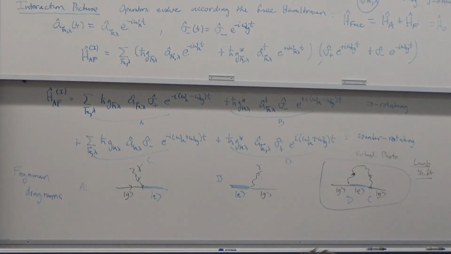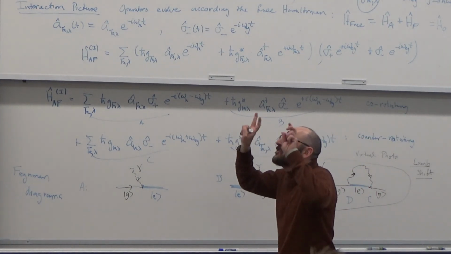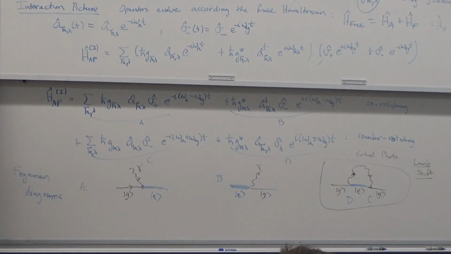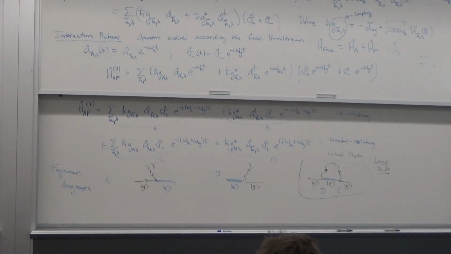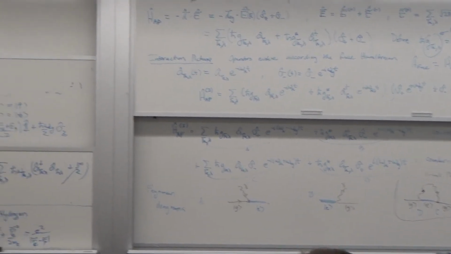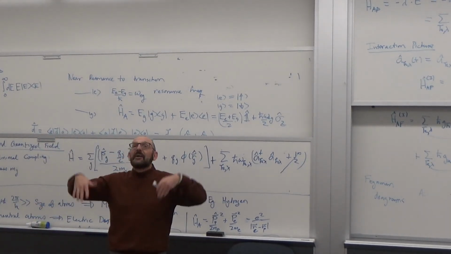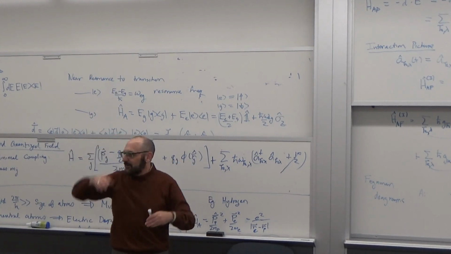And what we do then is just absorb all these counter-rotating terms into a renormalization of what we call the ground energy and excited energy. That is to say, when you study fine structure in the hydrogen atom, we do it first in the non-relativistic approximation. We get the Bohr Rydberg levels, whatever they're called.